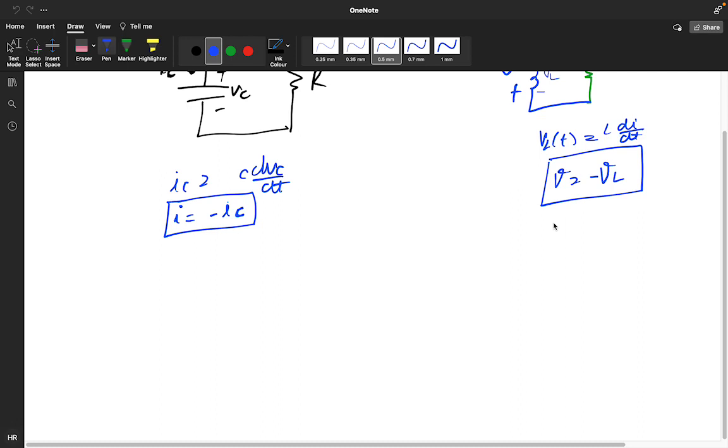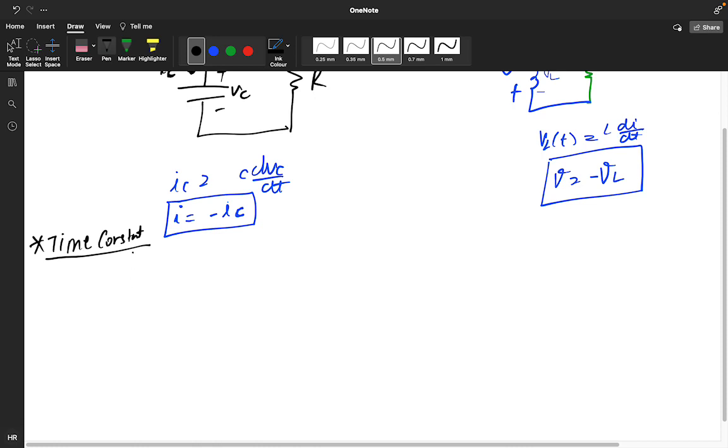You cannot just say L by R, or R into C. Yes, that is true, the time constant is R into C, but what is the actual meaning of a time constant? Write the definition of the time constant.